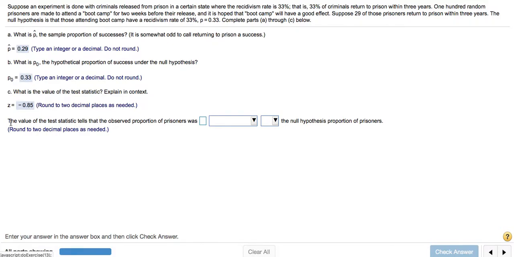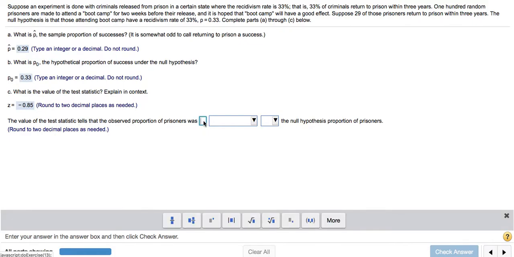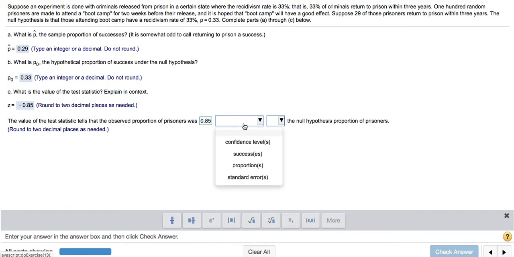So let's enter those ideas in here. It says, the value of the test statistic tells that the observed proportion of prisoners was, well, I'm going to leave it as a positive value here, just looking ahead with the spaces that we have. It was 0.85 standard deviations, and it's going to ask me to select either above or below, and I'm going to choose below.